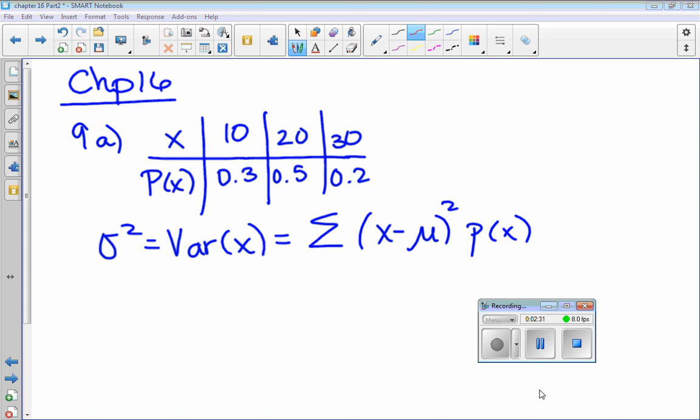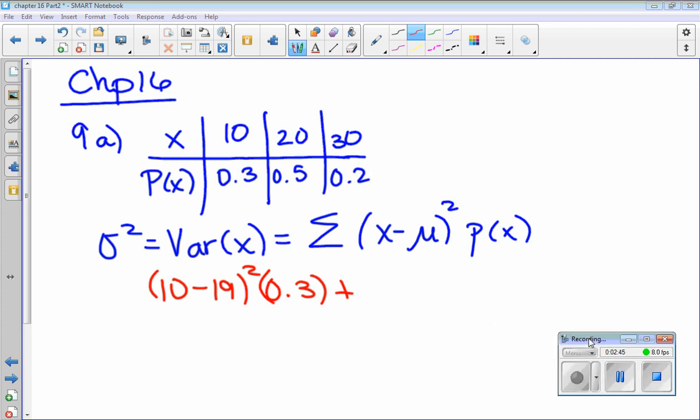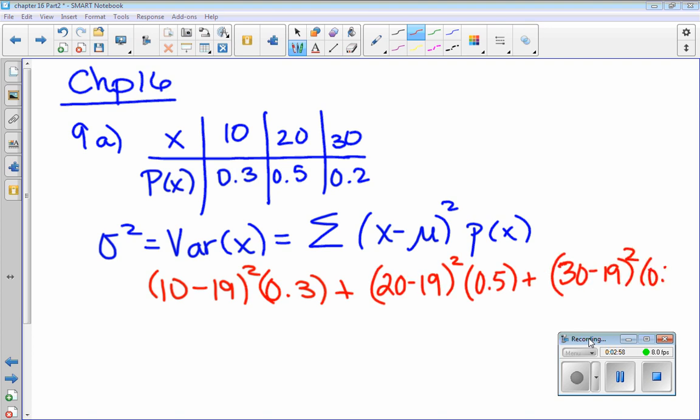So we're going to say the variable minus the mean squared times that probability, plus, because we're summing all of these together. If we keep going here, we have 20 minus 19 quantity squared times its probability of occurrence, plus 30 minus 19 quantity squared times its probability.